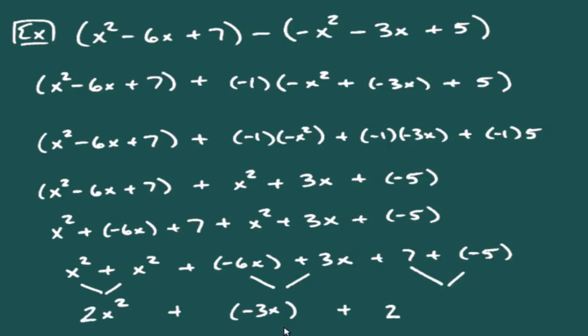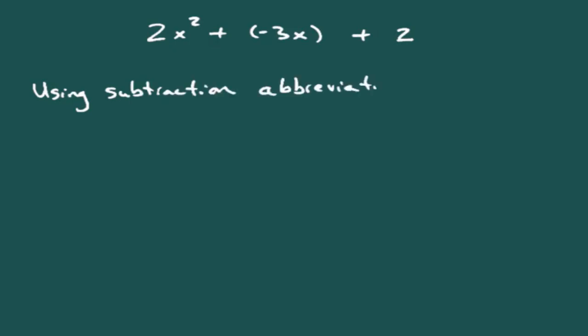Negative 6 plus 3 gives us a negative 3x. 7 plus the negative 5 gives us a positive 2. And so for a final answer for our 2x squared plus a negative 3x plus 2, we can rewrite it with the subtraction abbreviation again for our final answer to give us 2x squared minus 3x plus 2.